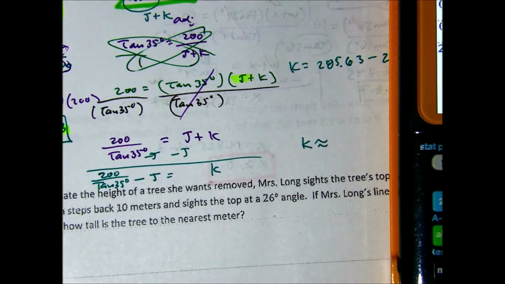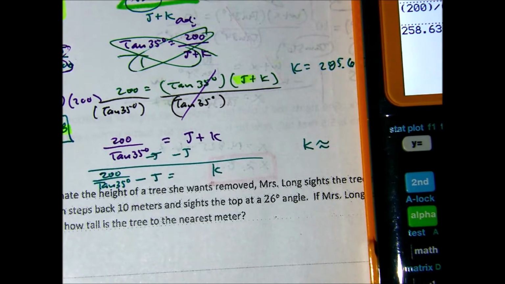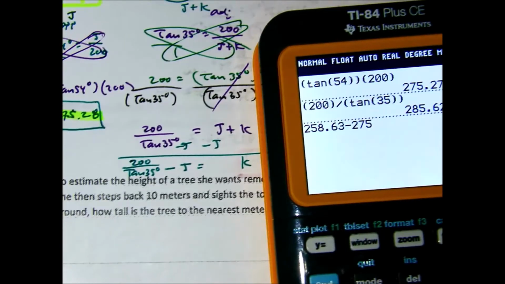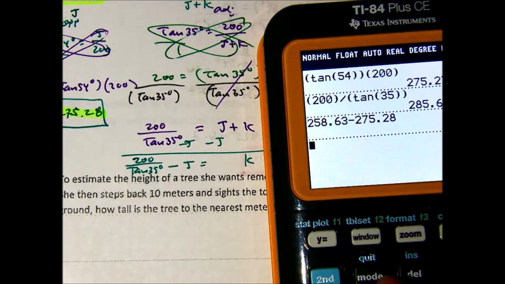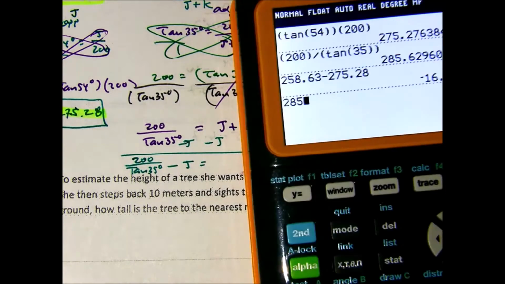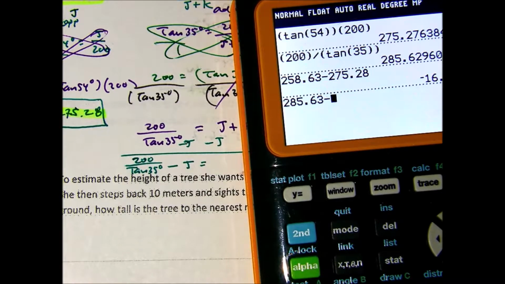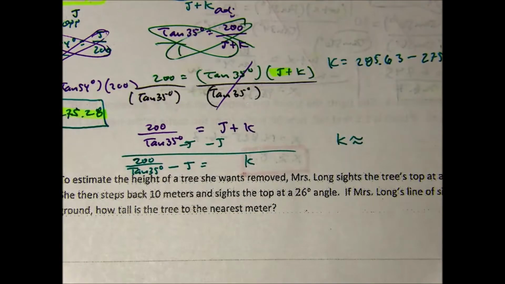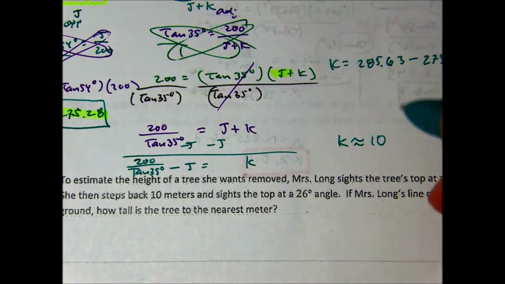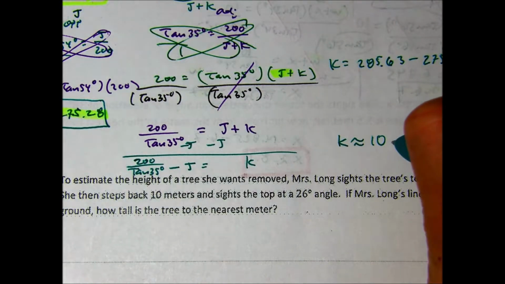So 285.63 minus 275.28. Try that again, Mr. Ray. 285.63 minus 275.28. And I get approximately 10 feet.